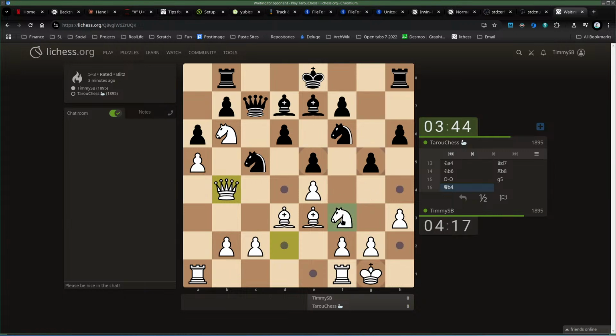Making room for my knight to defend this pawn as well. Yeah, can't give away my pawn.